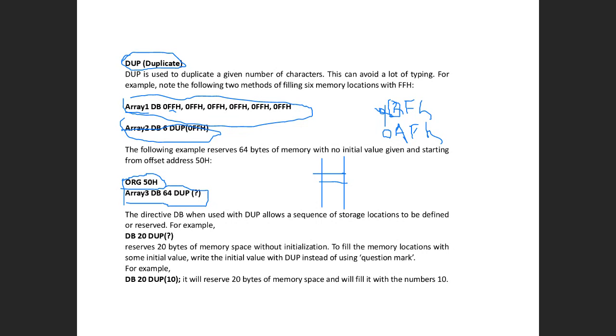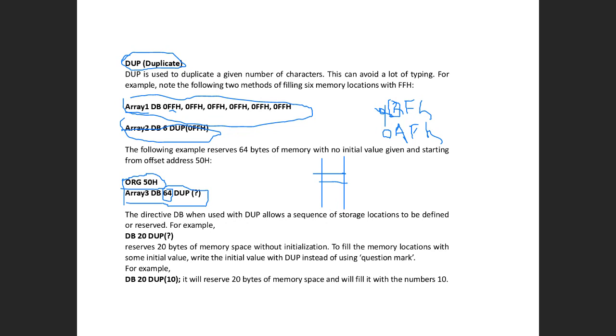It means it starts from a memory location with offset 50H, and then it takes 64 memory locations, 64 bytes, because each memory location is 1 byte. So it reserves 64 memory locations empty. Question mark means the number is empty, with the name array3.